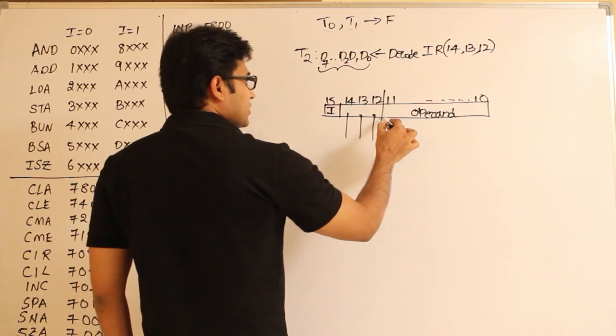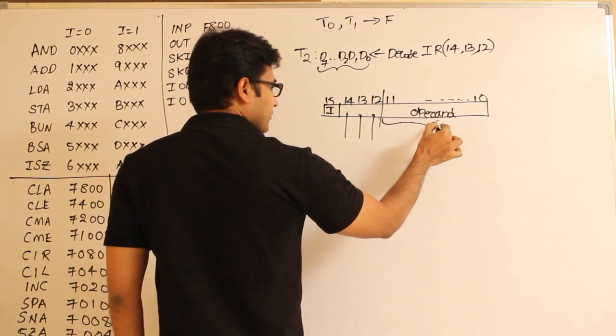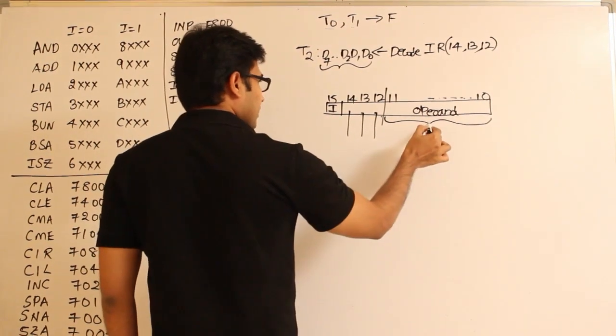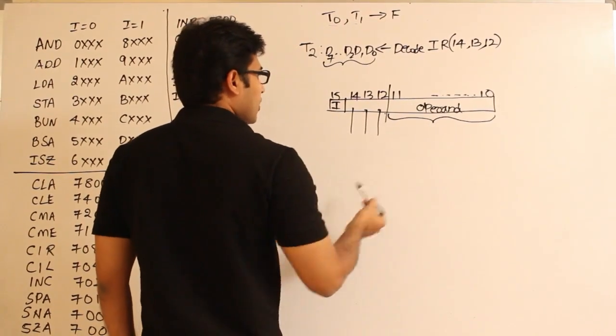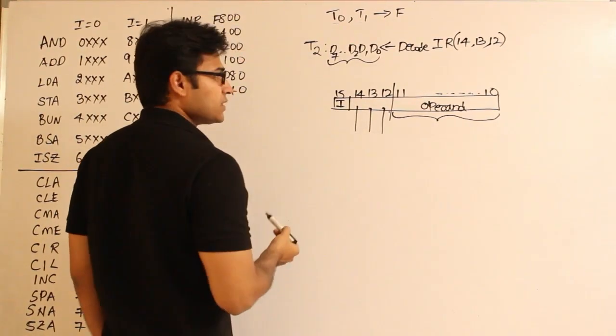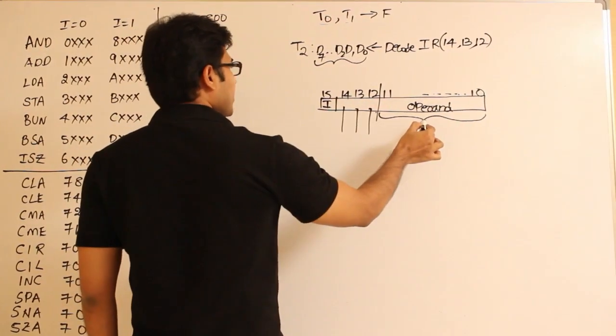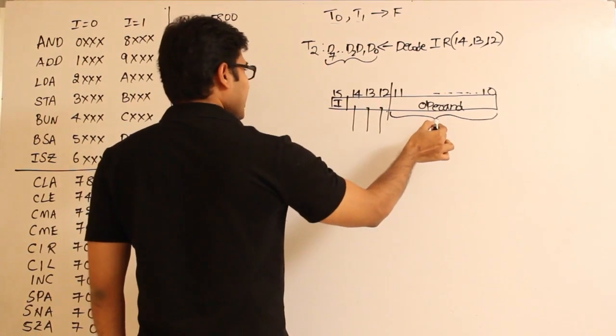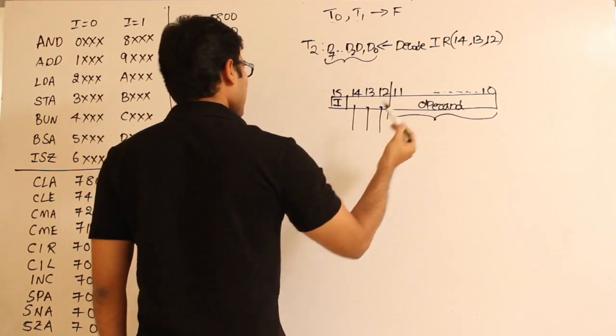Along with that, this operand can be either the direct address of the operand or indirect address of the operand. That depends on what this one is. Anyway, we have to go to the memory and get that operand, isn't it? Either we have to go to the memory and get the address of the operand or get the operand itself.